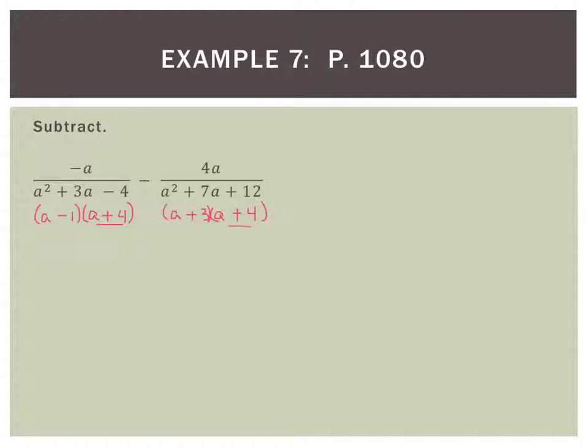Alright, so for my LCD, they both have an a plus 4 in common. And then I also have a factor of a minus 1 and a factor of a plus 3. So my LCD is going to be a plus 4 times a minus 1 times a plus 3.